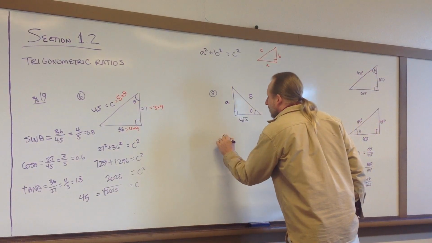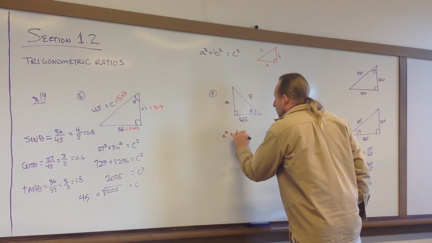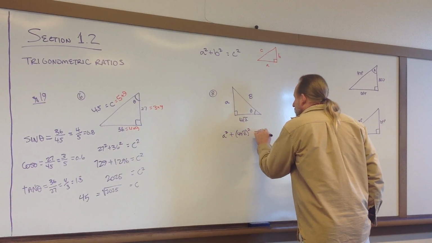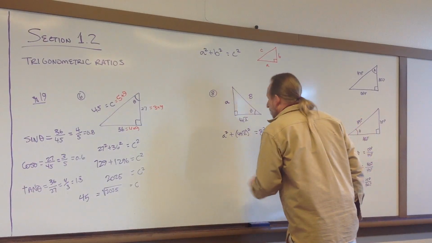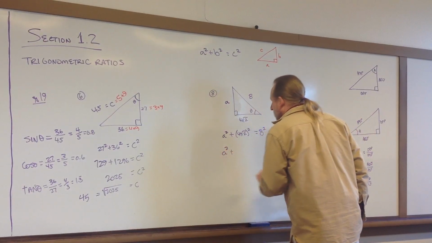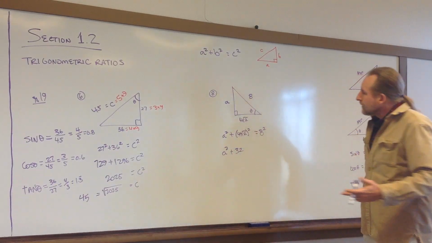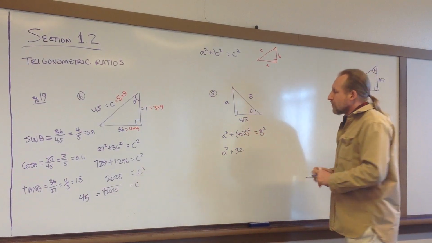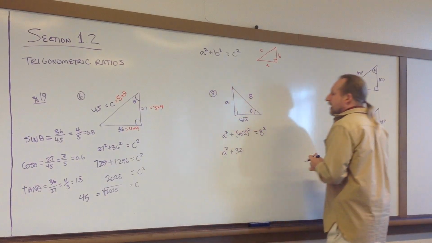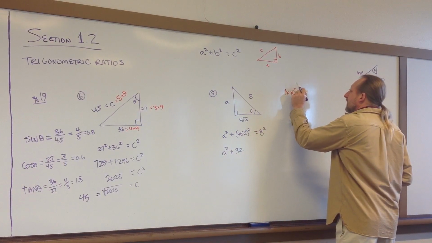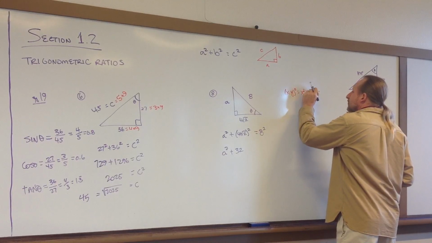All right, so now we'll say A squared plus 4 square root 2 squared equals 8 squared. So A squared is going to stay the way that it is. This will be 32. So you can distribute an exponent across multiplication, right? You can say x times y squared is x squared times y squared.